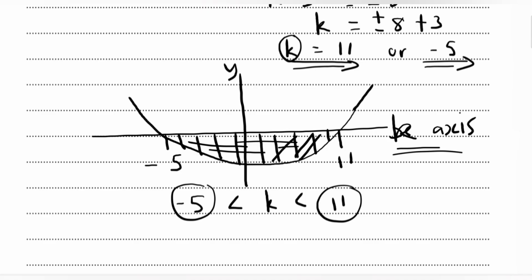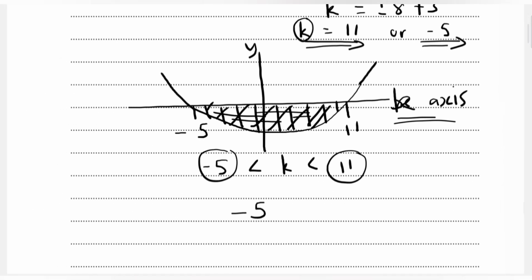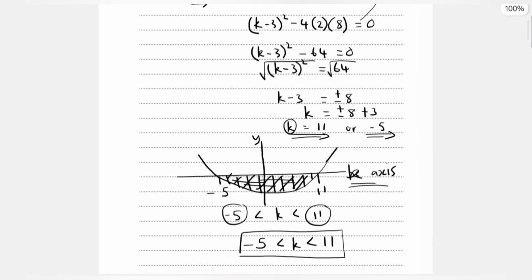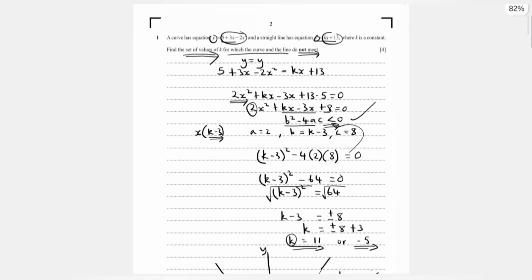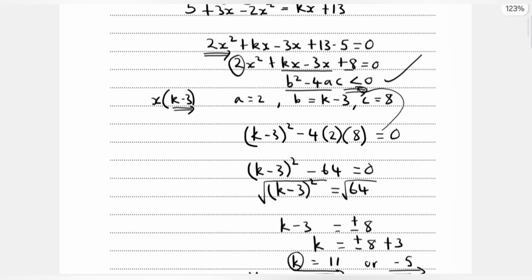For us to get this region that is below the horizontal axis, and that will be our region, or the set of values of k for which the curve and the line do not meet, right? If the question was saying for which the curve and the line meet, we would have used b squared minus 4ac greater than 0.